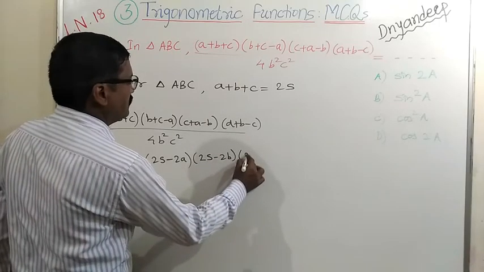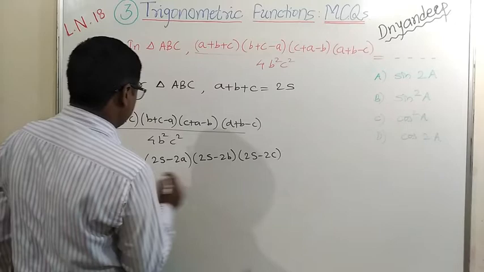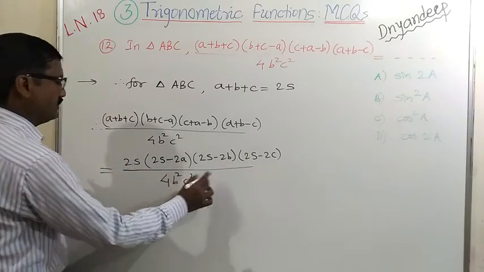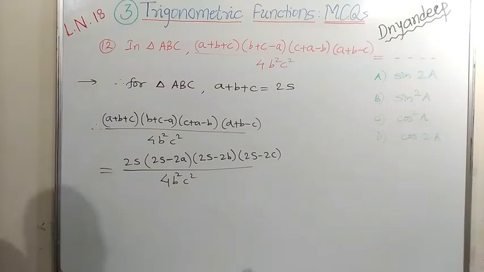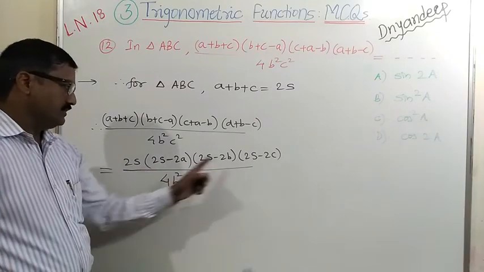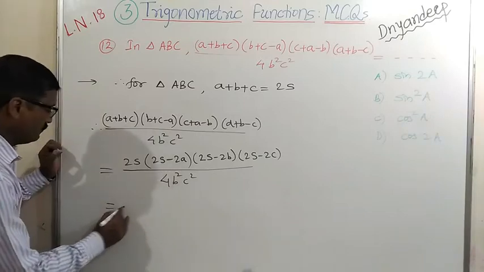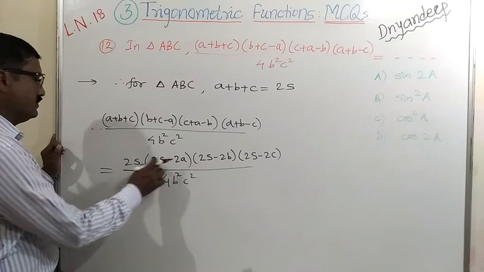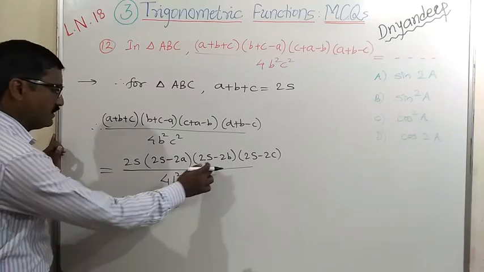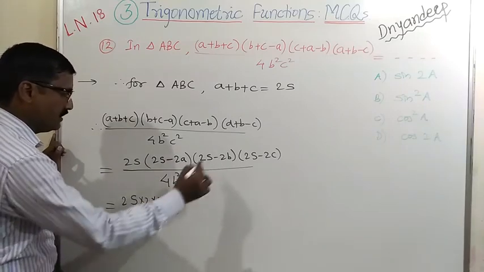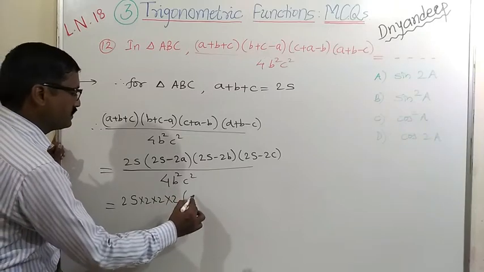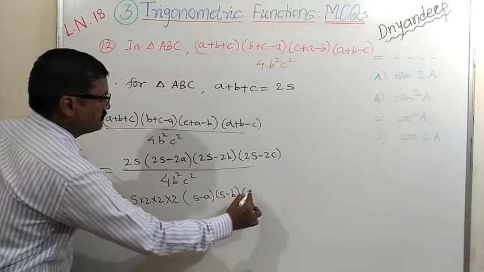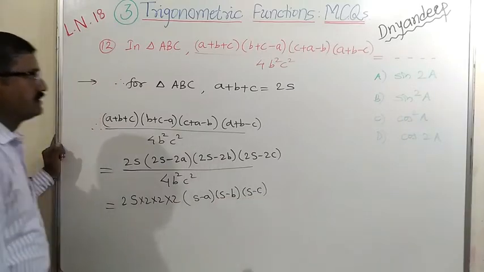Here similarly we get 2s minus 2c, whole divided by 4b²c². We can take 2 common from each here, so we get 2s into these two, this one 2, and the last 2 from the last bracket, and in brackets remains (s − a), (s − b), (s − c).